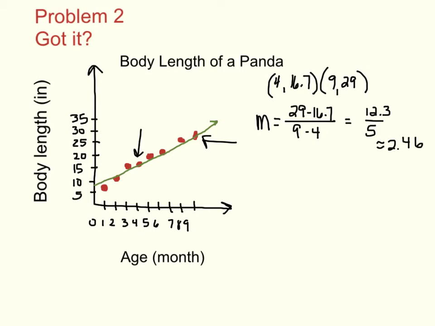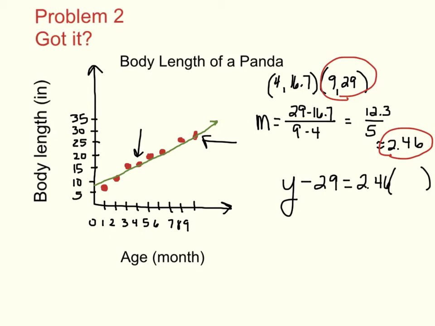So now I have a slope and a point. You can pick either point, and now you have to use point slope form. Point slope form is y minus y1, so that'd be y minus 29 equals 2.46 times x minus x1, which is x minus 9. So I distribute: 2.46x minus 2.46 times 9, 22.14.